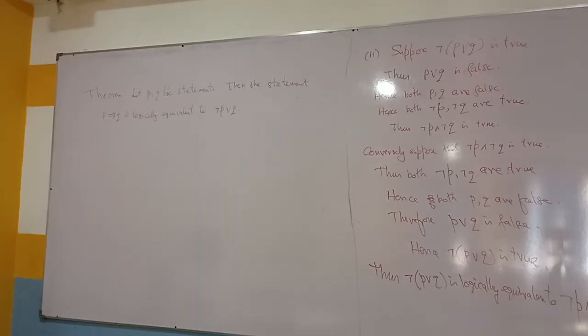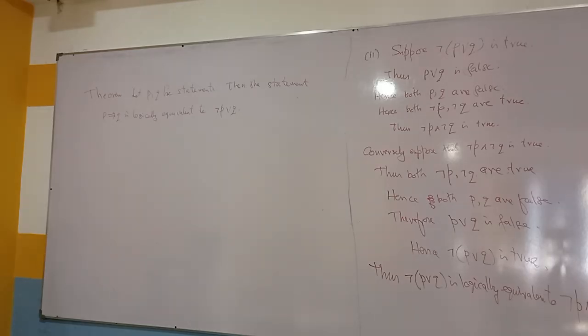In order for P implies Q to be true, either P is false, or P is true and Q is true. If P is false, not P is true, thus not P or Q is true. If P is true and Q is true, then because Q is true, not P or Q is true.